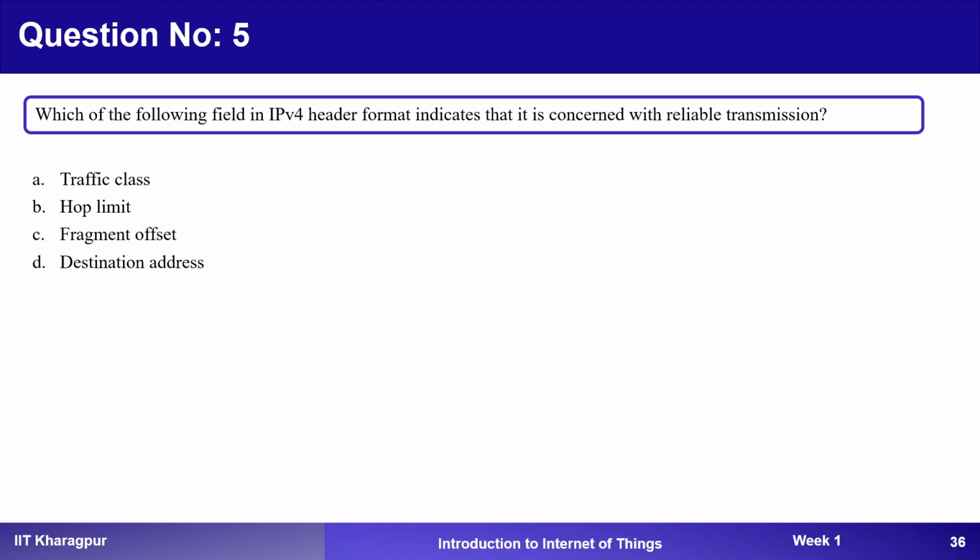Question number 8 is, which of the following mechanisms for address autoconfiguration provides more control on the allocated addresses? Options are DHCPv6, SLAAC, both DHCPv6 and SLAAC, and none of these. It should be C, I think. C, both. Yeah. Why?